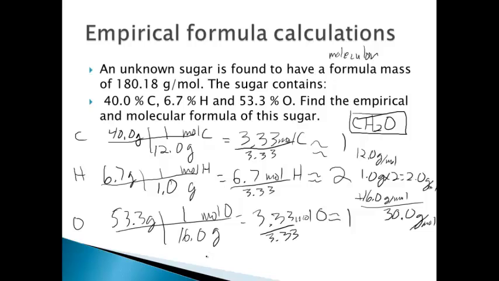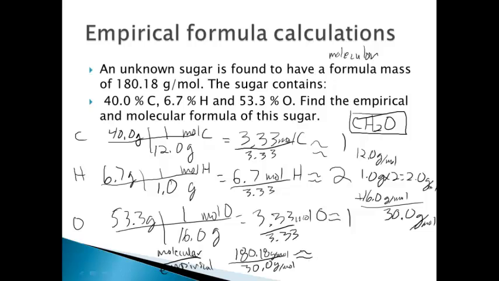If they do that, what we do is take our molecular mass, given straight from the problem, and divide by our empirical mass. Again, this is your molecular, and this is your empirical. Divide them.